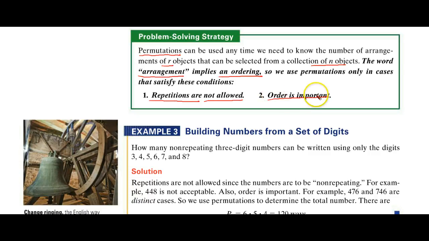Order is important. Repetitions are not allowed. So later in this section, one of the choices you will be making is, is permutation involved? Or later we're going to see the other word, combinations.